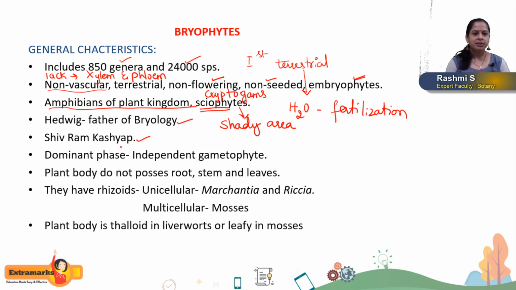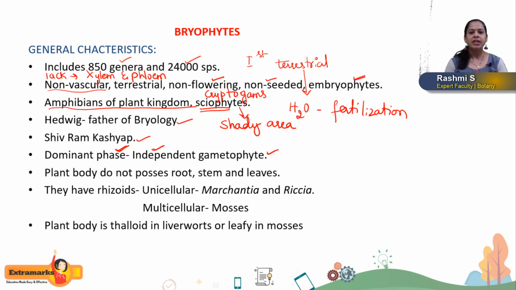In bryophytes, the dominant phase in the life cycle is actually the gametophytic life cycle, and this gametophyte is independent. The gametophytic plant body of the bryophyte is independent. So what is actually a gametophytic plant body?